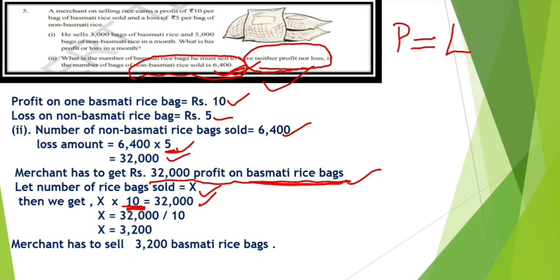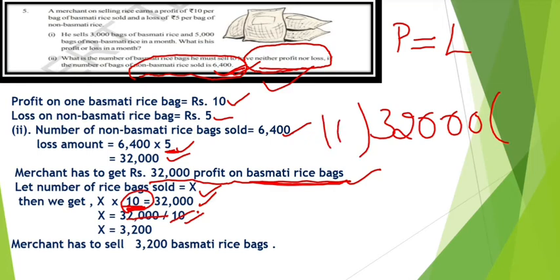So x is equal to 32000 divided by 10, you will get 3200. That means he has to sell 3200 basmati rice bags.